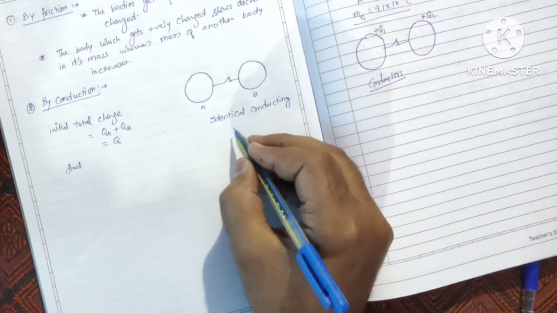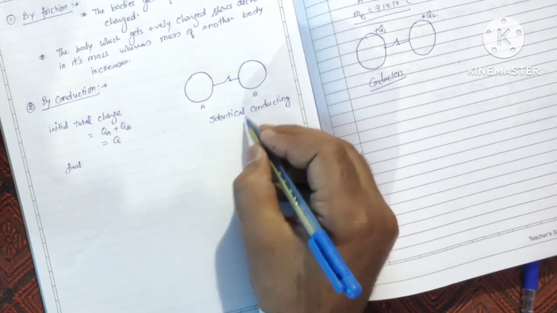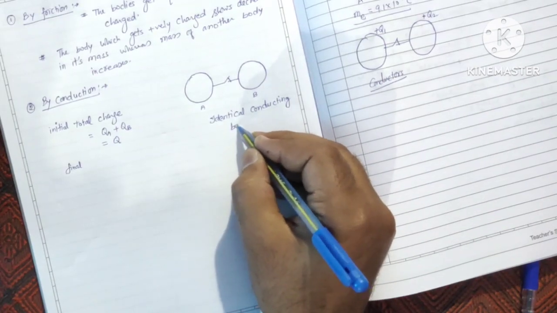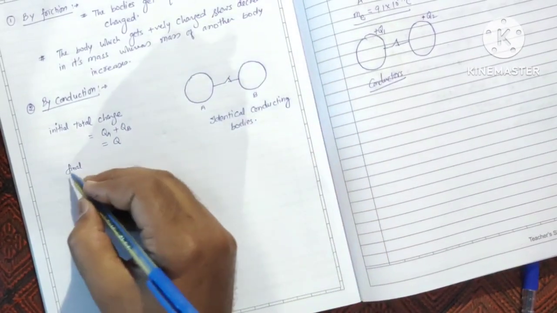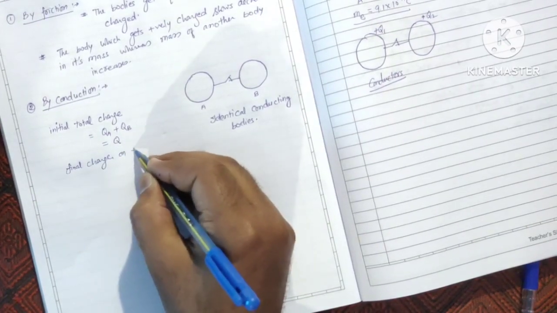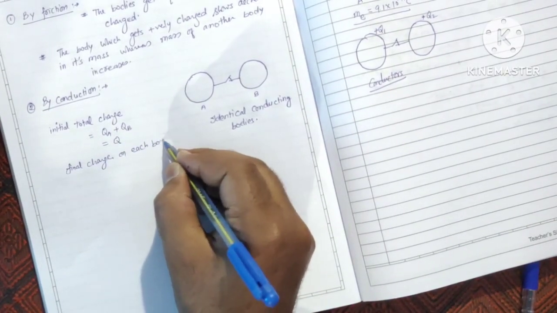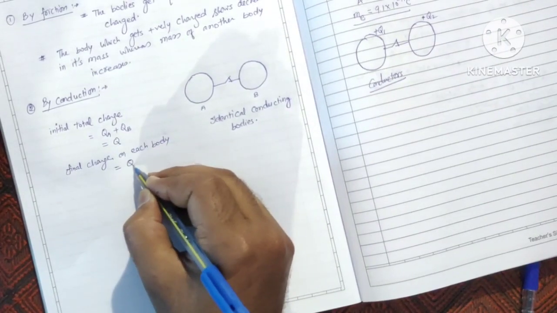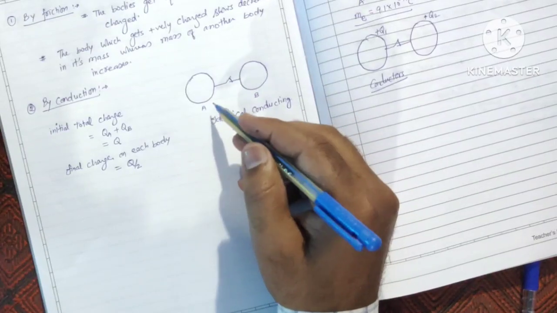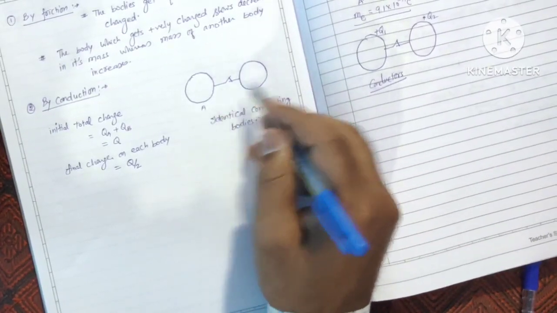These bodies are conductors, and moreover identical. The final charge on each body in this case would be Q by 2, right?